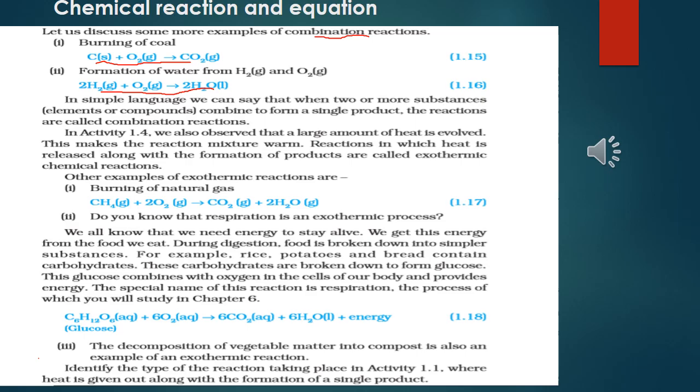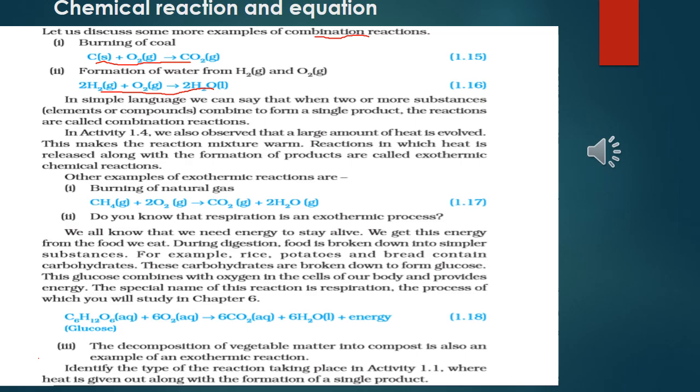Another question I want to discuss here: do you know that respiration is an exothermic process? We all know that we need energy to stay alive. We get this energy from the food we eat. During digestion, food is broken down into simpler substances. For example, rice, potatoes and bread contain carbohydrate.